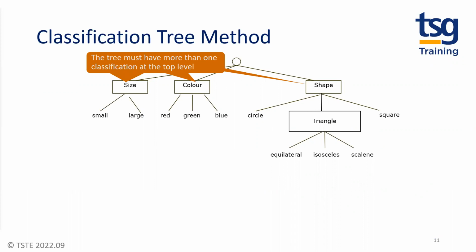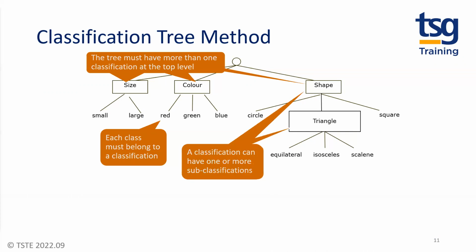So the tree has got to have more than one classification at the top level, just as before: size, colour, and shape. And each class must belong to a classification. So red, green, and blue are classes, and they belong to the classification colour.